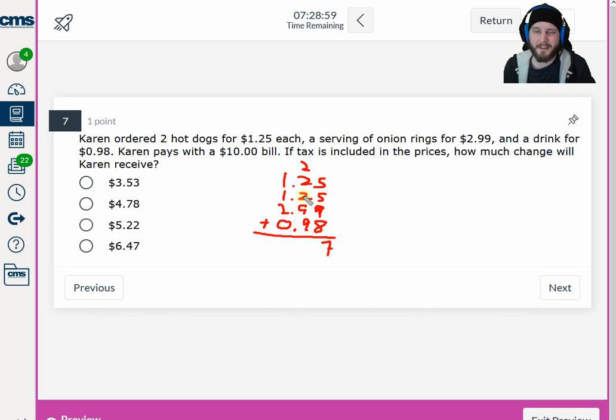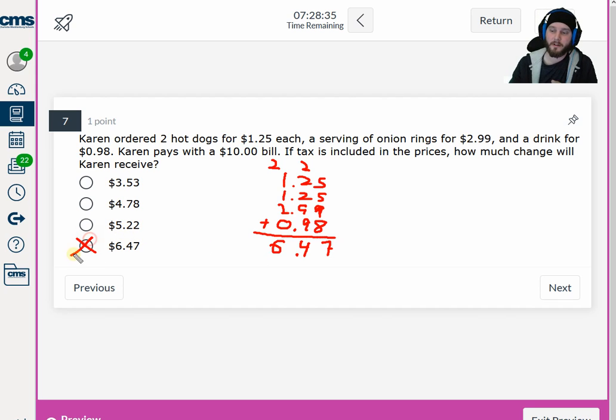So that's going to be 6 plus 9, which is 15. 15 plus another 9 would give me, I believe that's 24. 4, carry my 2. 2 plus 1 is 3, plus 1 is 4, plus 2 is 6. So that's how much she actually paid. That's not our answer. It's an answer choice to trick you, but that's not our answer.